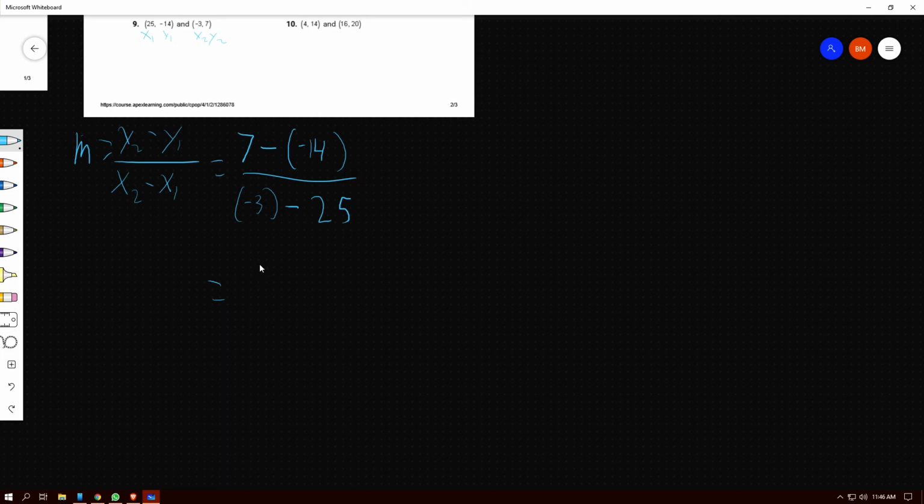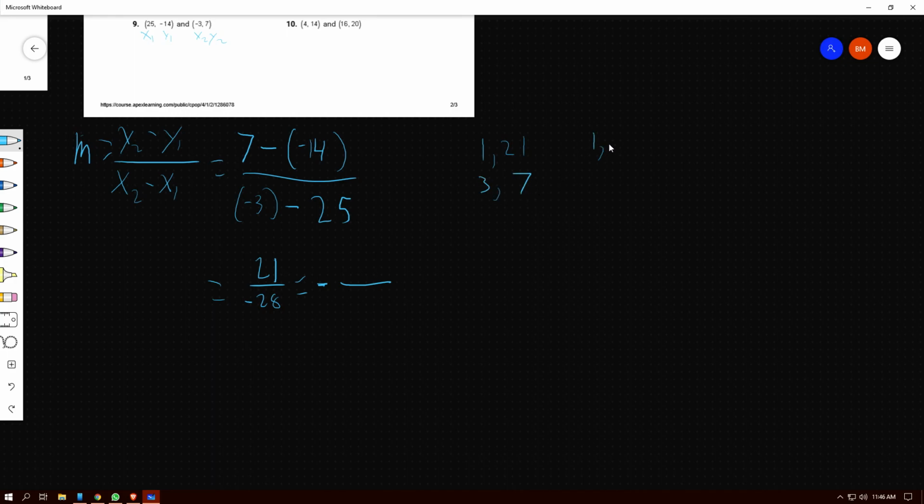7 minus negative 14 is going to be a positive 21. Negative 3 minus 25 is going to be a negative 28. So I got 21 over negative 28. I'm going to go ahead and rewrite this and put the negative sign out in front. And now 21 and 28, this isn't necessarily the topic, but I'll give a refresher. What we do here is 21, I have 1 and 21, if I'm getting all the factors, and I have 3 and 7.